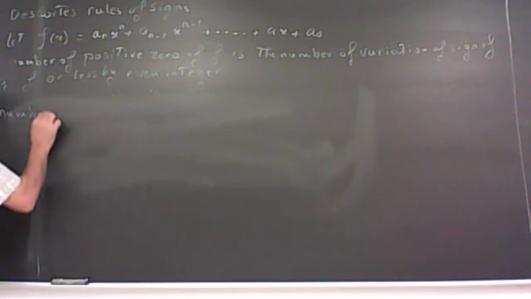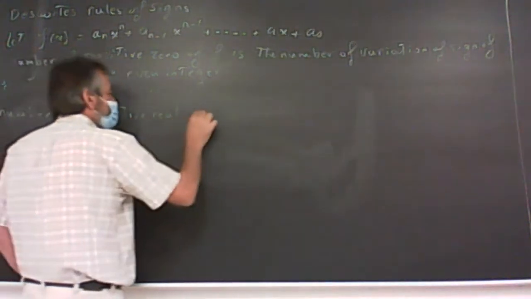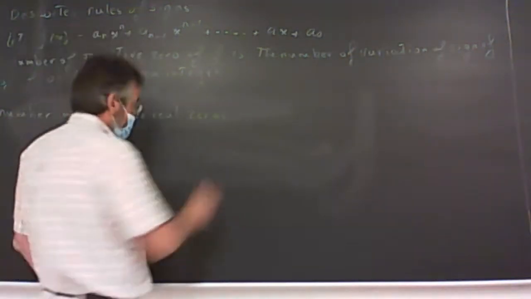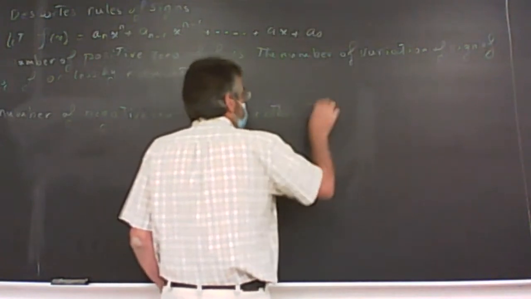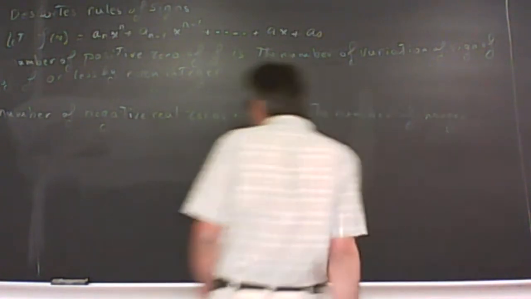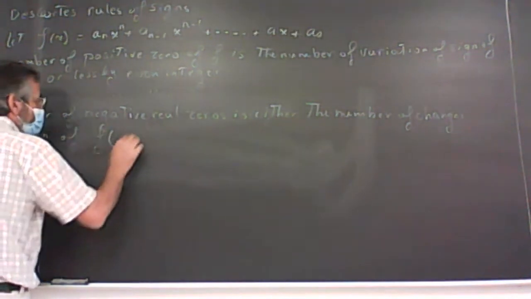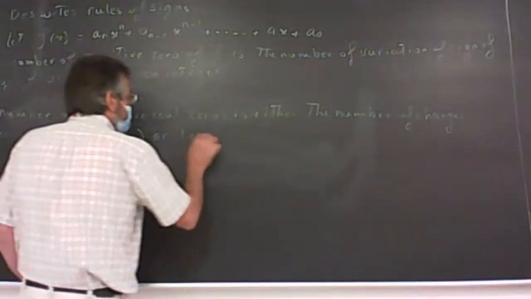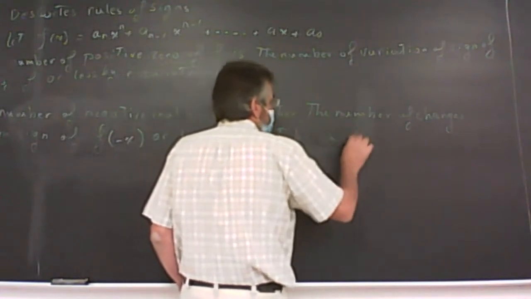The number of negative real zeros is either, let me write it exactly the same thing, either the number of changes in sign of f of minus x, or less than that by an even integer.